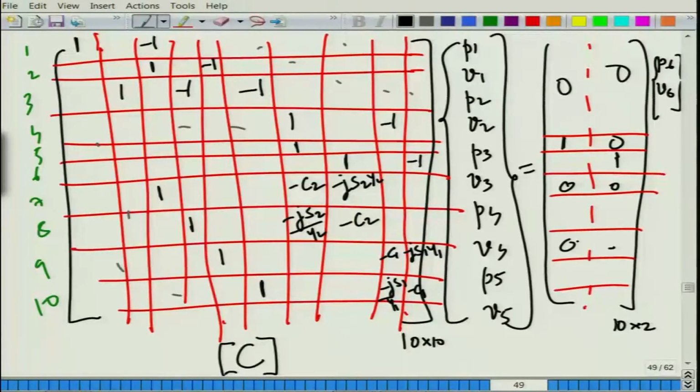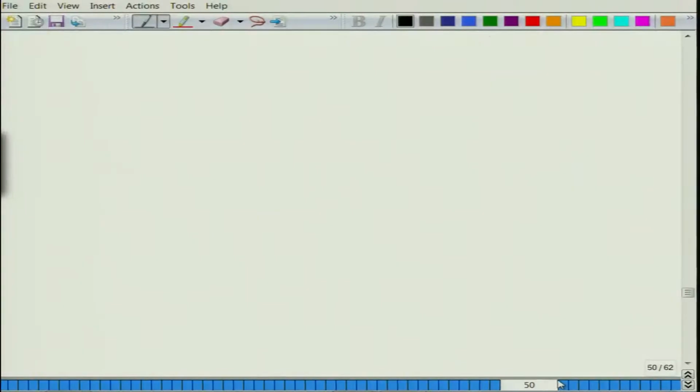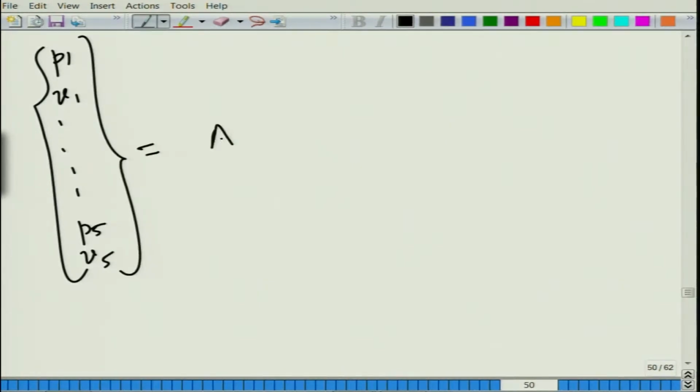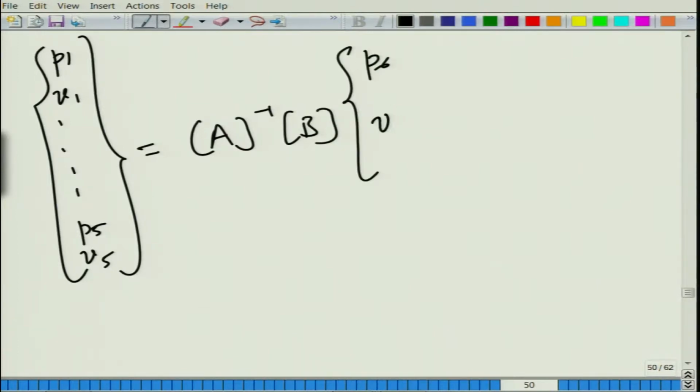Now let me call this matrix the B matrix, and actually instead of calling it C, let me call it the A matrix, okay. A would be better. So, eventually what we will get is that the big vector spanning P1 V1 all the way until P5 V5 will be A inverse times B, with P and P6 V6.